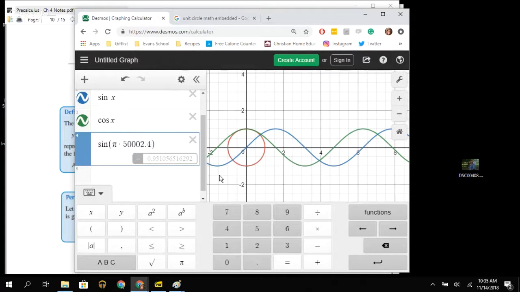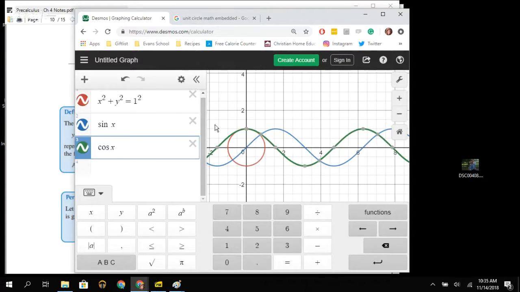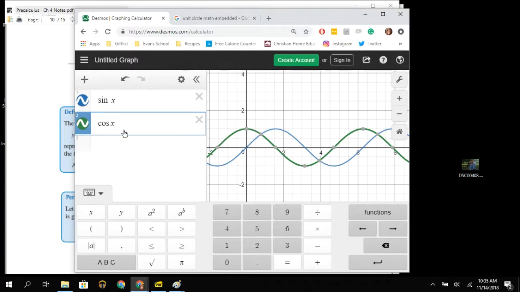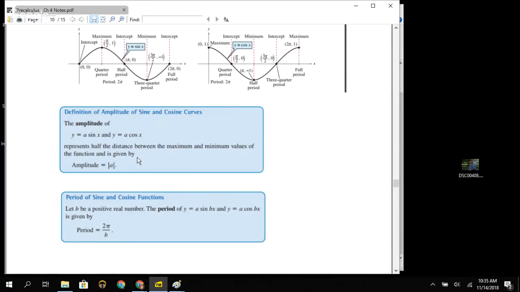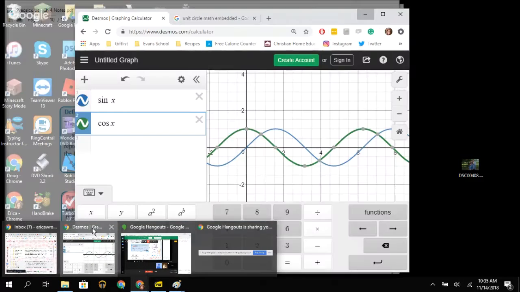However, there are some times when you can modify your sine and cosine curves. Okay, so one of the ways that you can modify it is by changing the amplitude. The amplitude is represented by the letter A, and it's basically you're multiplying the front end of a sine curve.